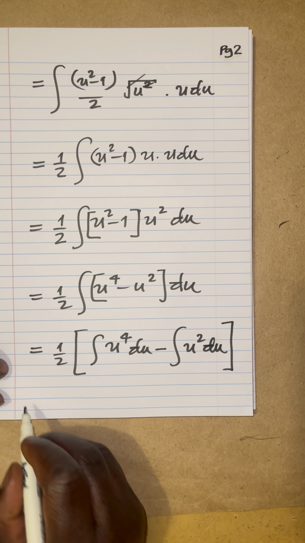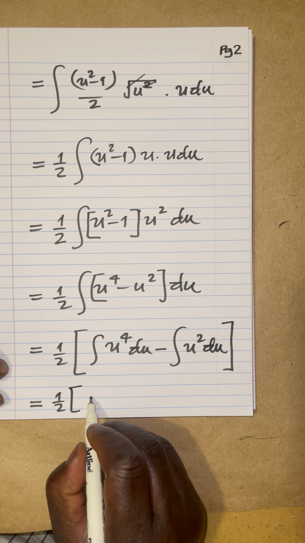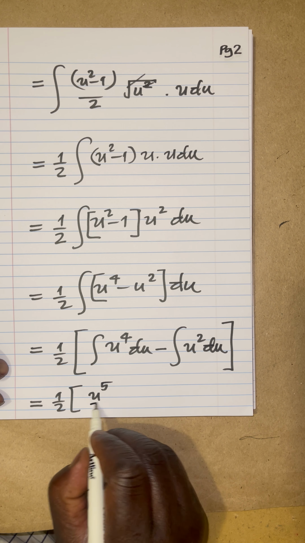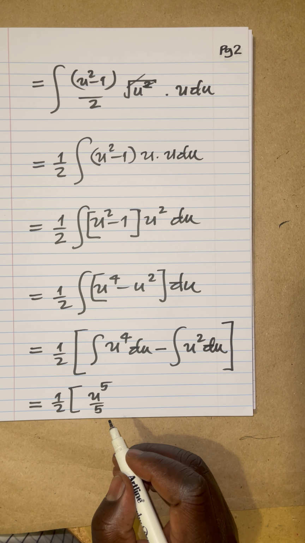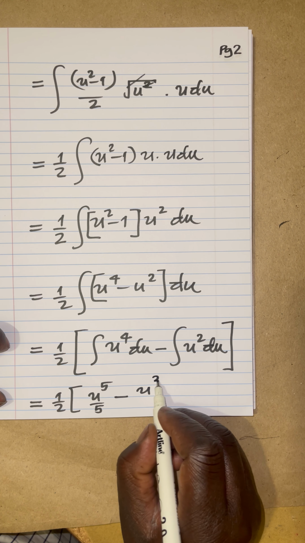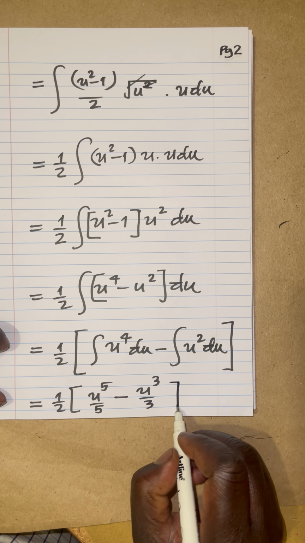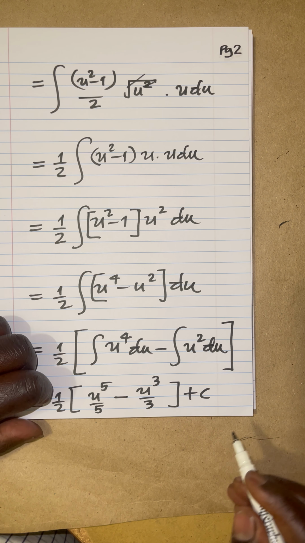Evaluating these two integrals, we have half outside, and we have u to the power 5 over 5. Remember, you add 1 and then divide by the result that you obtained. And then we have the same here, add 1, it's going to be u power 3, divide by 3, and then we have c, because this is an indefinite integral. We distribute half, taking us to page 3.